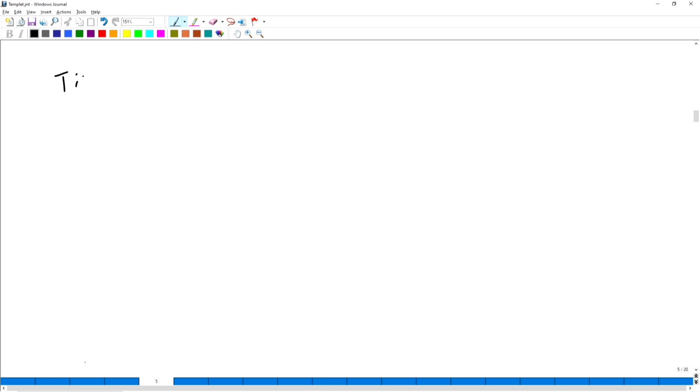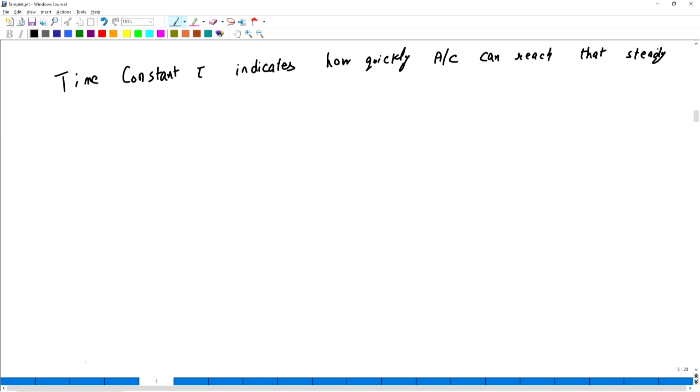Similarly, the time constant tau indicates how quickly the aircraft, I am representing aircraft as A by C, can reach that steady state pitch angle after the control input.